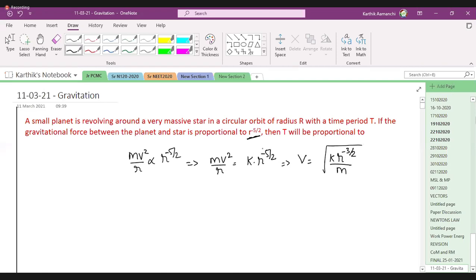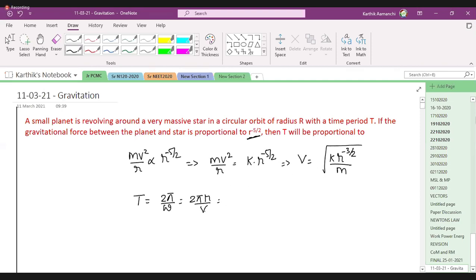No, just keep it, because he's asking for time period. We know time period will be equal to 2 pi by omega, and omega is v by r. Yes, sir. So 2 pi r divided by v. What is your v from this? Substitute here. Substitute your v in this.